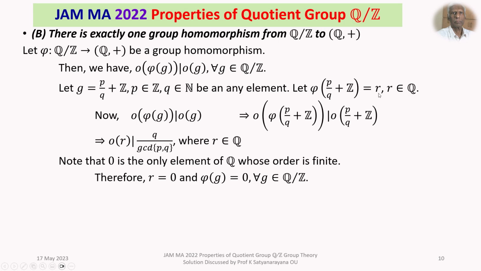When R is 0, phi is sending every element P by Q plus Z to 0.